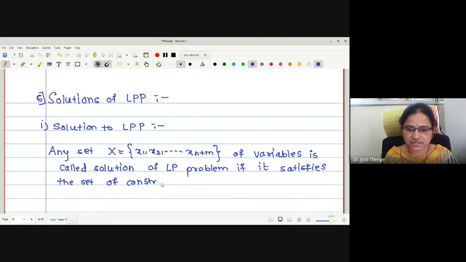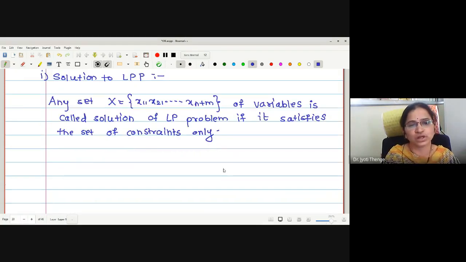If it satisfies the set of constraints only, this is a solution only.